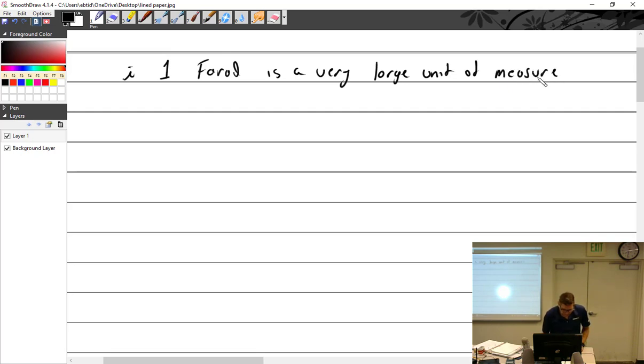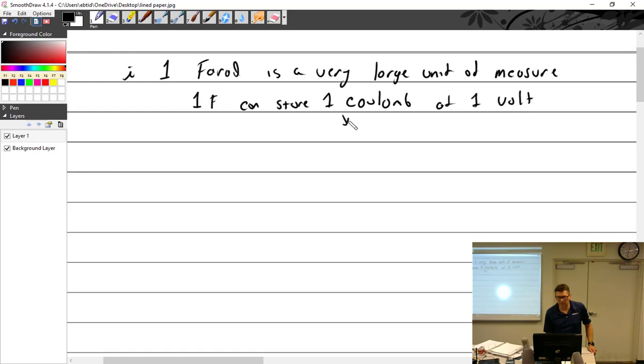Quite large. 1 farad, 1F, can store 1 coulomb. Remember what a coulomb is? C-O-U-L-O-M-B. 1 coulomb. Store 1 coulomb at 1 volt.